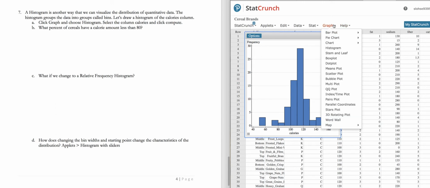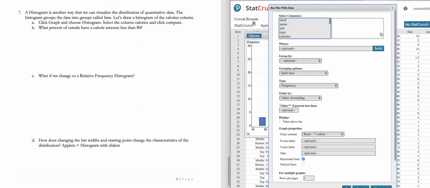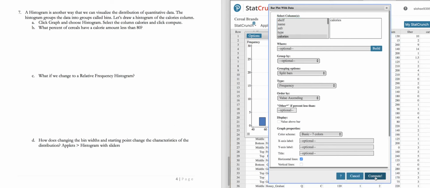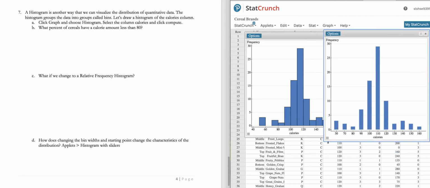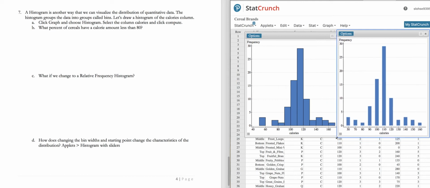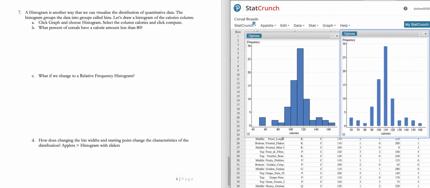I'm going to go back into StatCrunch for a minute and choose a bar plot so you can see the difference. I have the data in my calorie column, and compute. Now, while we're getting a similar overall shape, what's really important is to notice that we're missing this gap. Notice how 50 is here and 70 is right there.